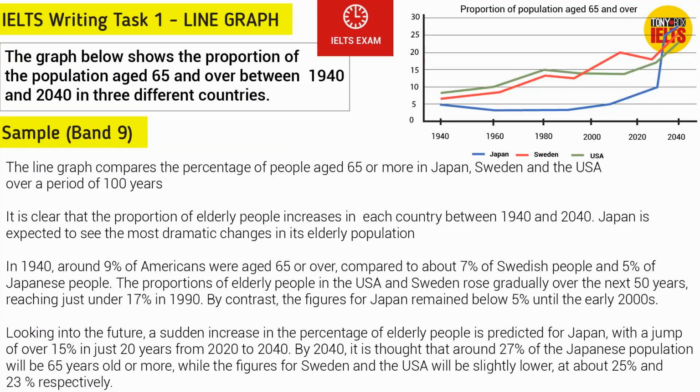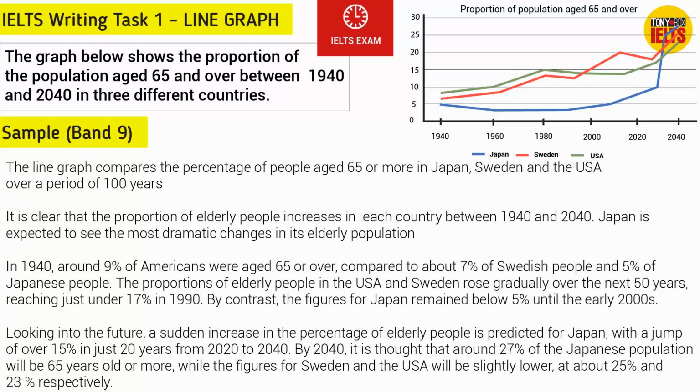In 1940, around 9% of Americans were aged 65 or over, compared to about 7% of Swedish people and 5% of Japanese people. The proportions of elderly people in the USA and Sweden rose gradually over the next 50 years, reaching just under 17% in 1990. By contrast, the figures for Japan remained below 5% until the early 2000s.